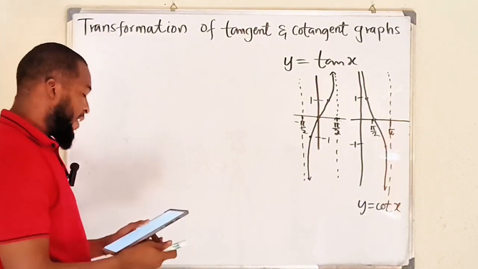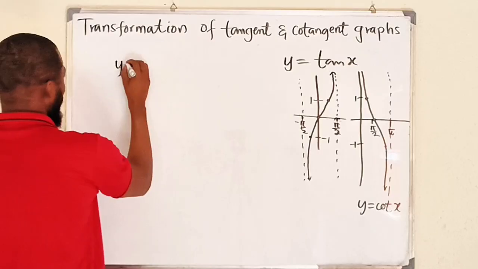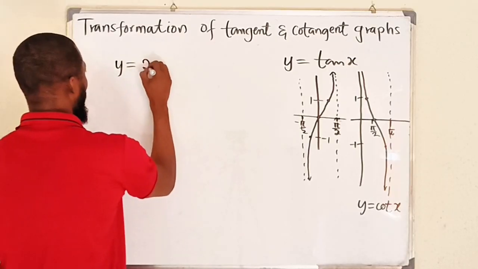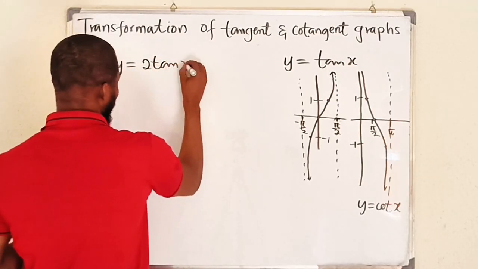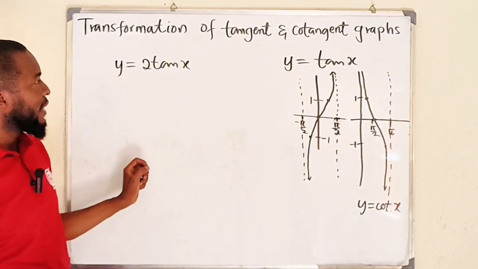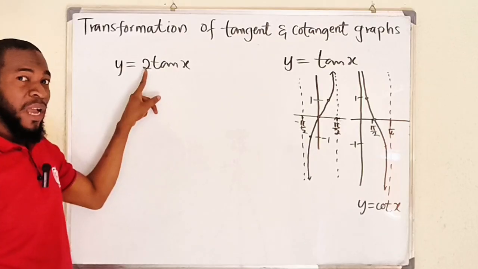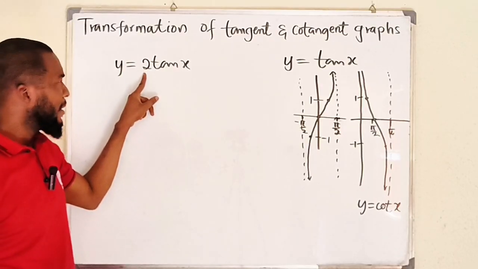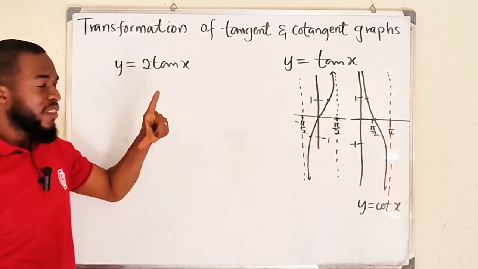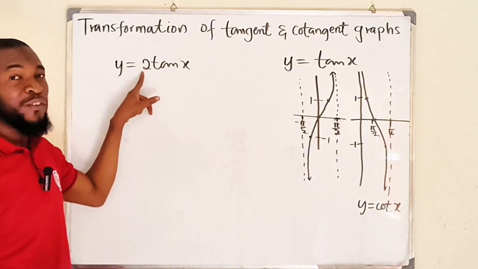All right, we have our first problem here, where we are asked to construct the graph of 2 multiplied by tangent of x. Just observe, the only difference between the mother function and this is this 2, and this 2, remember, is our a. So it is going to stretch the graph vertically with a scale factor of 2.